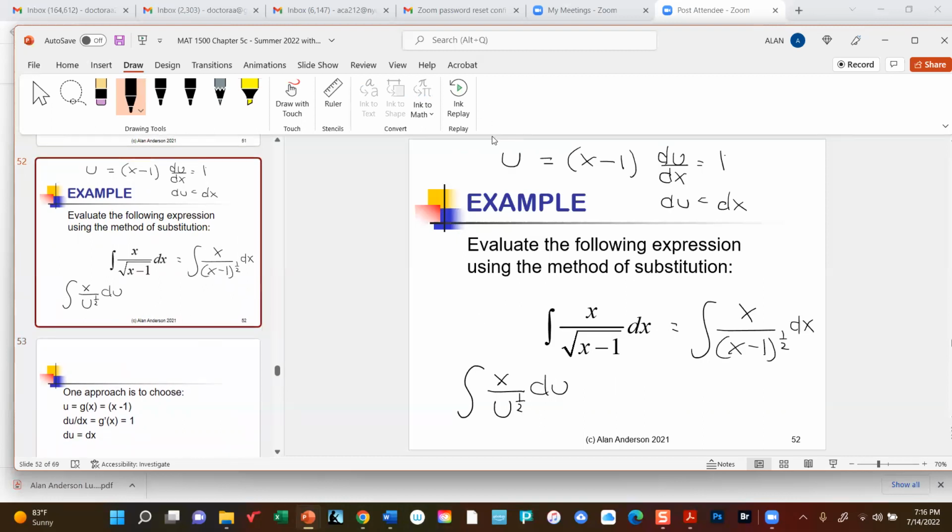Oh, wait a minute. If you add 1 to both sides here, that x can be replaced with u plus 1. Well, it still looks like a catastrophe, but no, maybe not. Let's see what we can do with this.